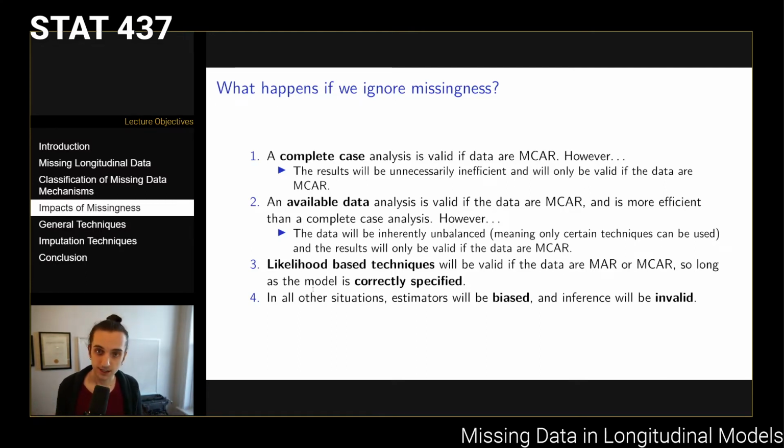If you have data which are not missing completely at random and you're not using likelihood techniques and you haven't dealt with them in another way, you get biased and invalid inference, okay? And the way that it's going to be biased and the way that it's going to be invalid are not necessarily predictable, because that's going to depend on how the data are missing, what the actual models at play are, and everything else.